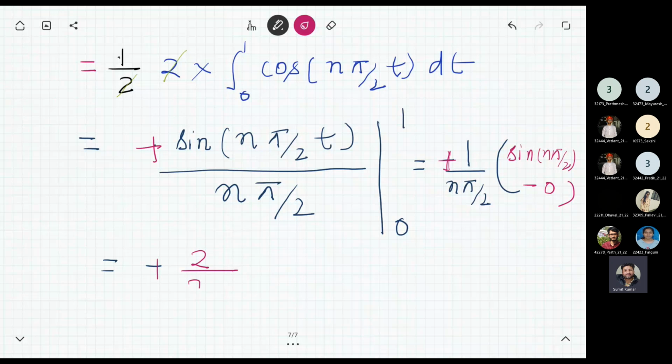So what we got is 2 upon n pi, and from here we got sine n pi by 2, right? What is sin n pi by 2?